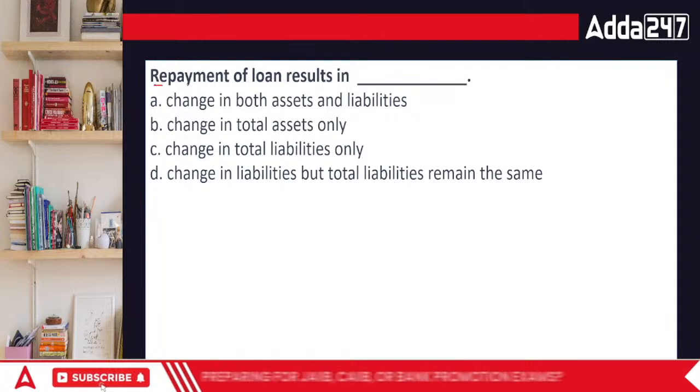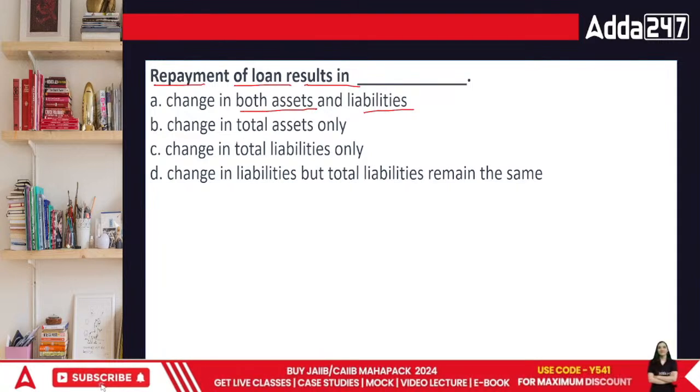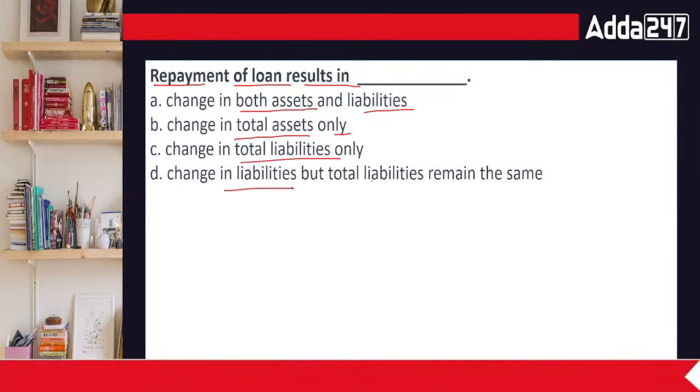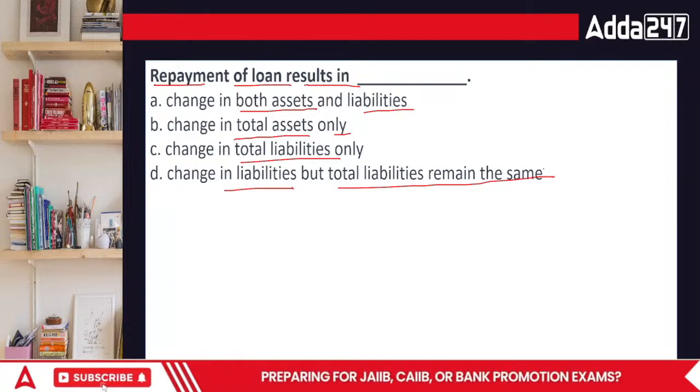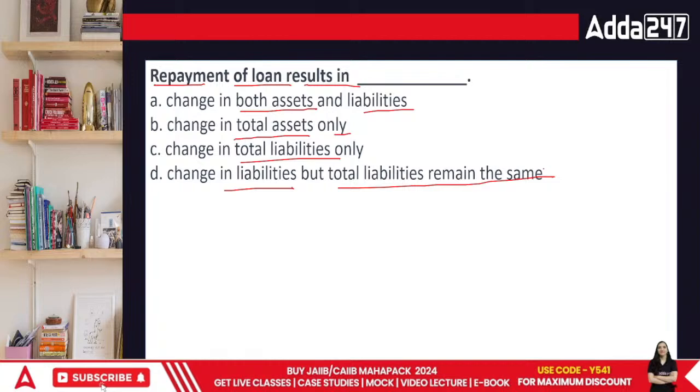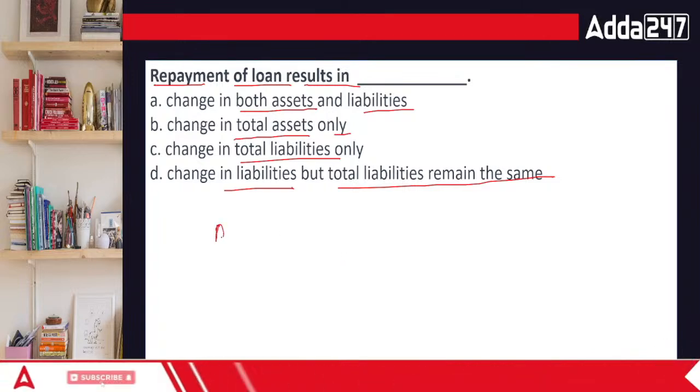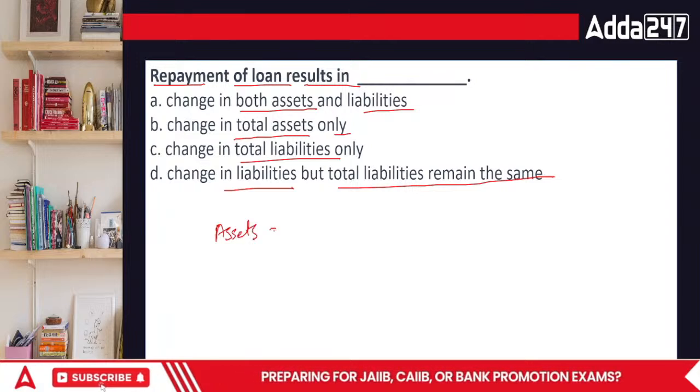Achha, next is repayment of loan results in change in both assets and liabilities, change in total assets only, total liabilities only, change in liabilities but the total assets remains the same. Repayment of loan, achha, I'm repaying a loan, putting it into the same situation. This is my asset. How do we build up our assets?